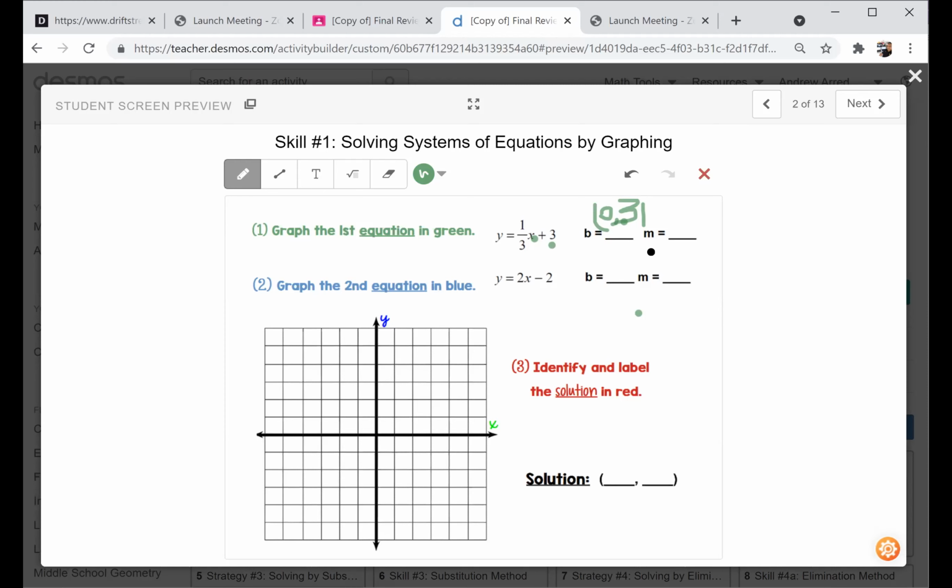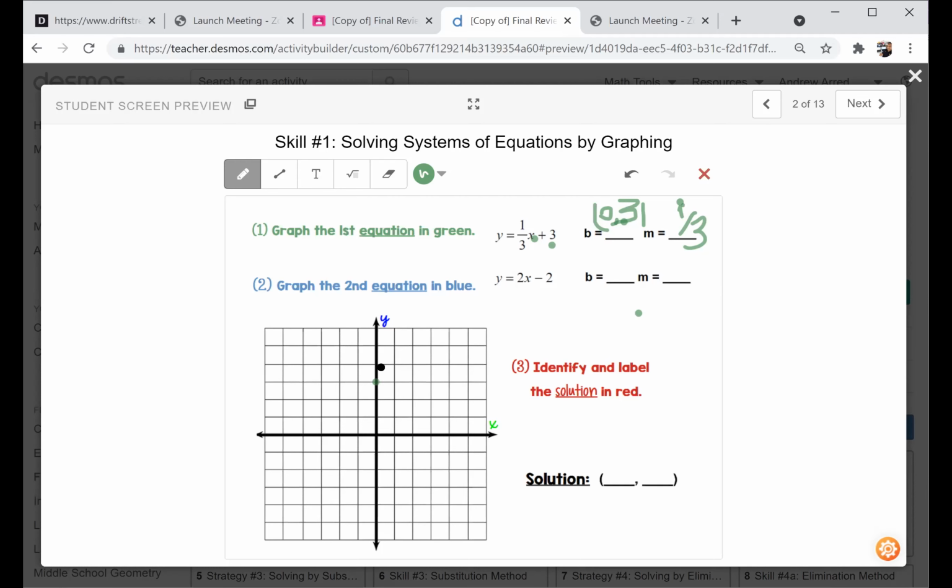And the slope, the m, is 1/3. I'm going to go ahead and go to (0, 3), 1, 2, 3. Start graphing things. Follow my own slope.